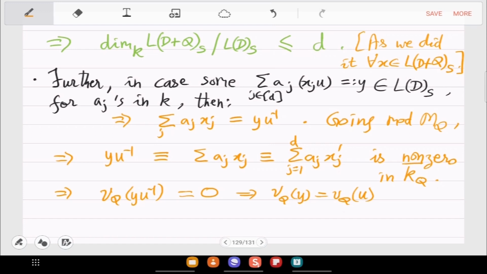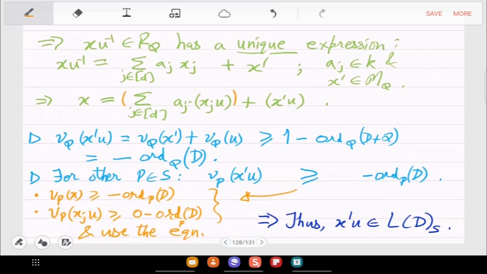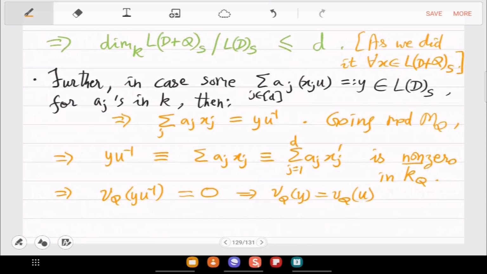Why is that a contradiction? Well, because valuation of u we know, it's minus order of q d plus q, right?